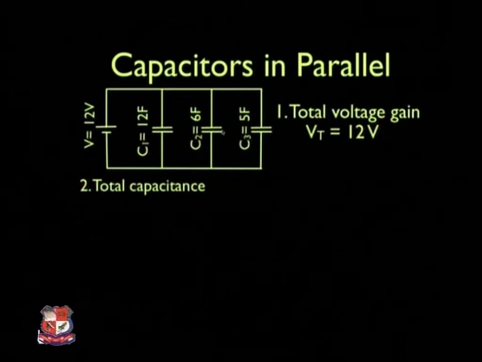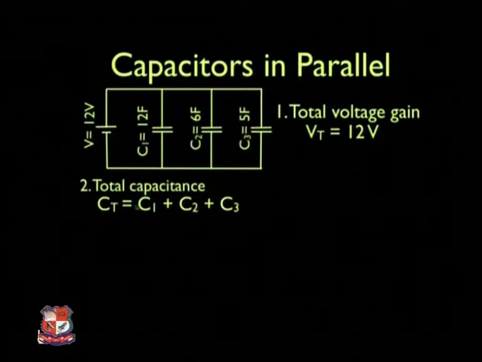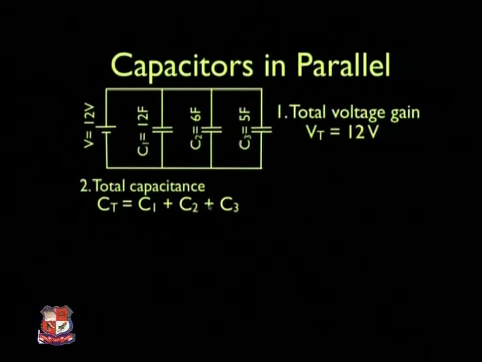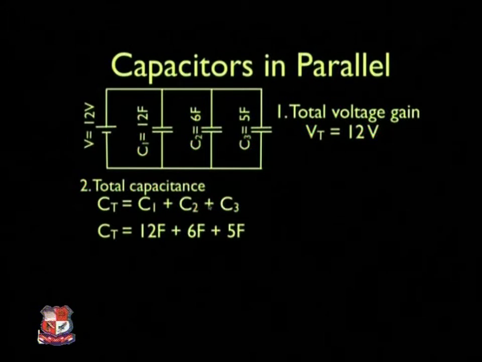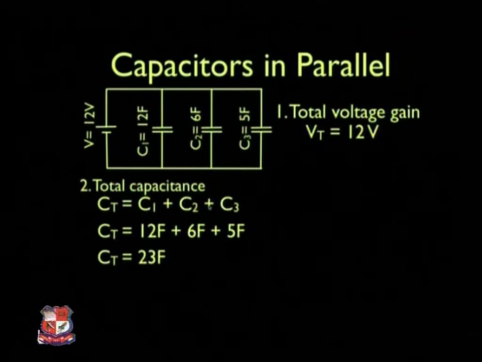And it is very easy because the rule is that the equivalent capacitance is equal to the capacitance of the first one plus the capacitance of the second plus the capacitance of the third capacitor. All you do is add them up. So that's 12, 6, and 5 farads. Add them up and you get that the equivalent capacitance, the total capacitance, is 23 farads.